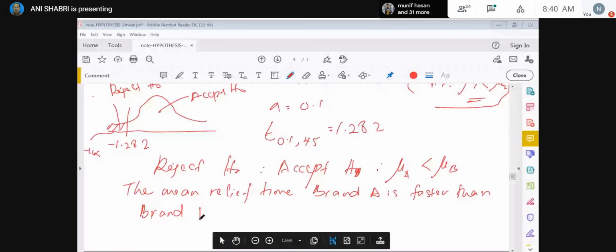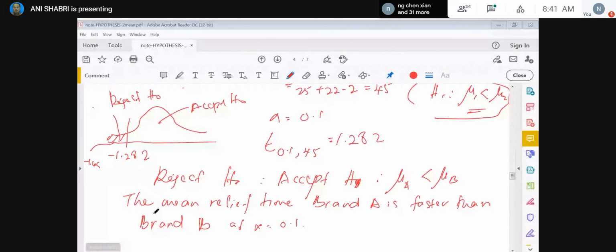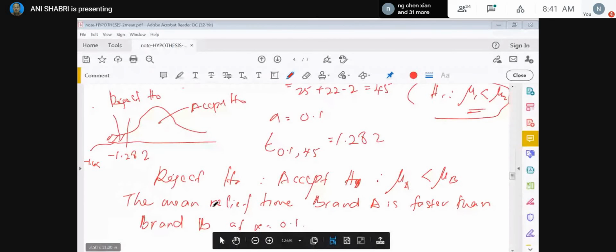Ini penting, the conclusion is very important in hypothesis. Kita nak jawab soalan. Kalau tak jawab ni kita tak dapat markah. The important is the conclusion. The conclusion from the data, whether we accept or reject.